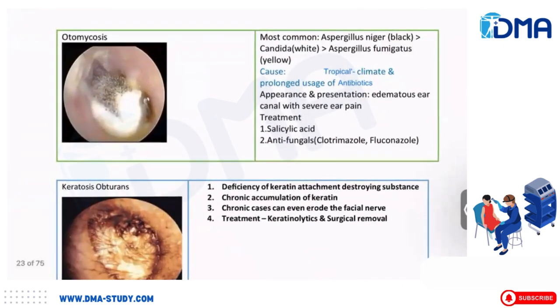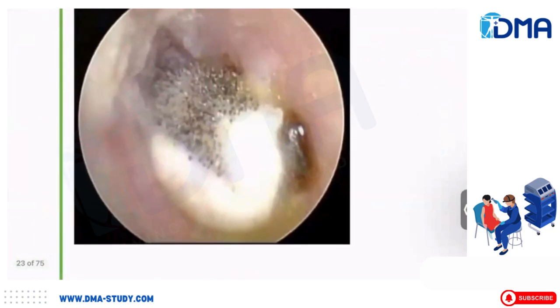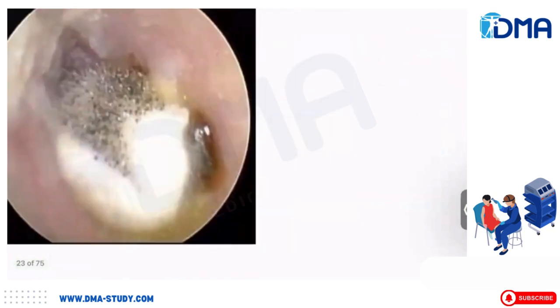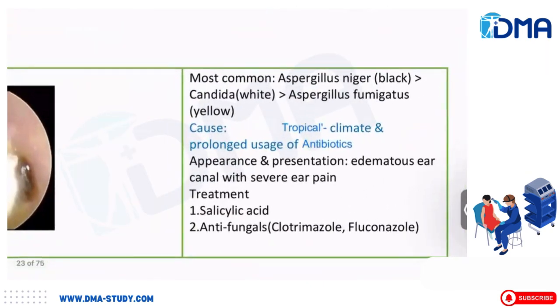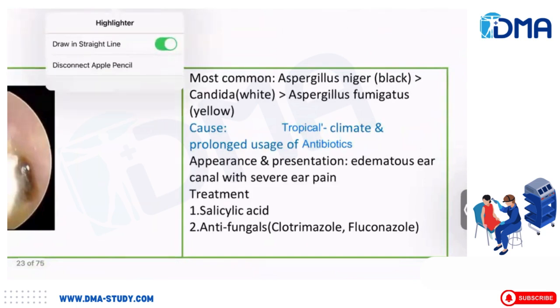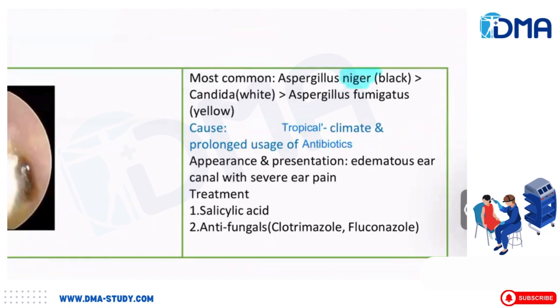So, other important diseases that could cause pain and other important reactions in the external canal. First one is otomycosis. Look at the colonies. It is a cotton wool appearance. The most common colony is Aspergillus niger, which is black in color.